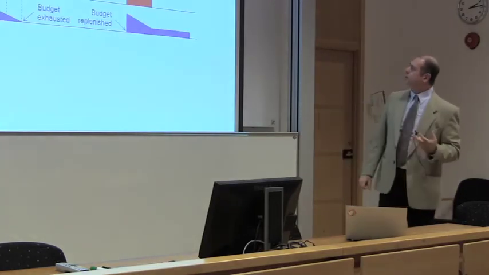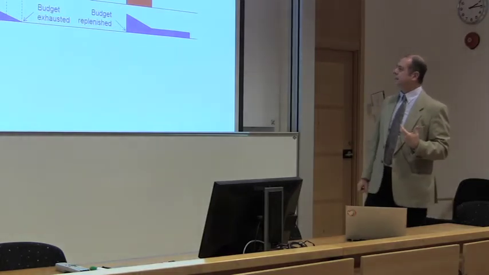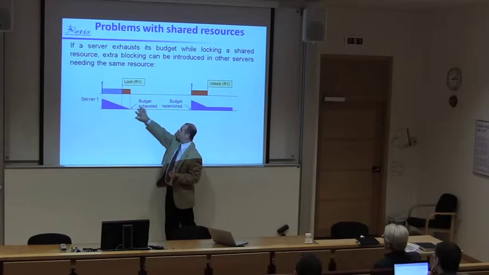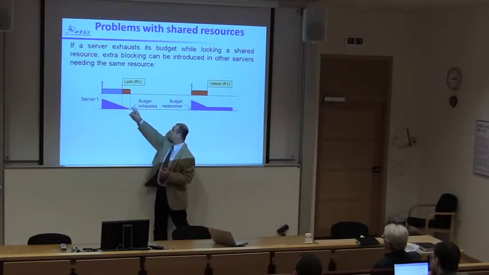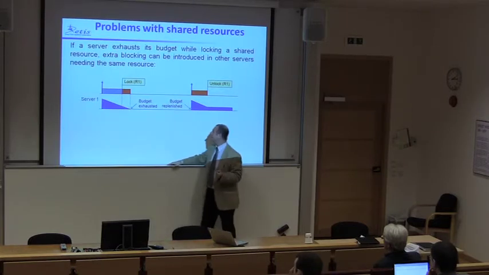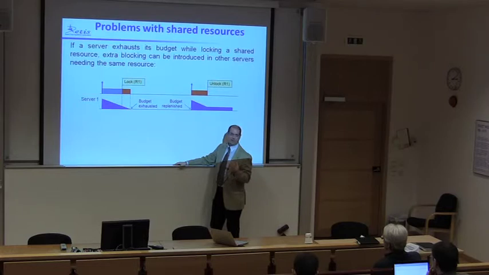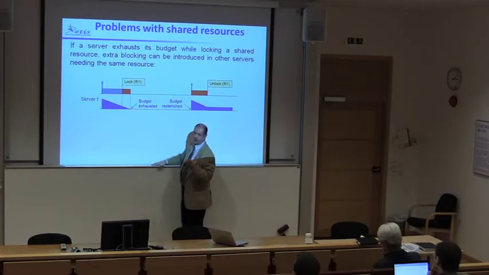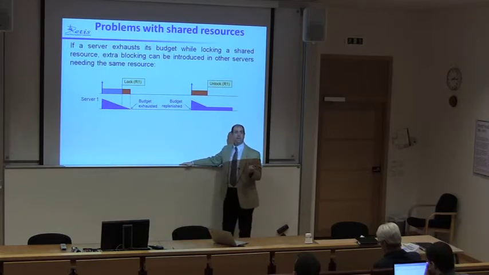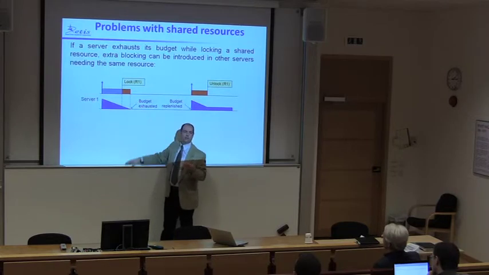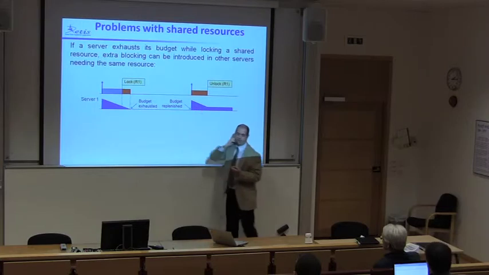The problem of resources is that, suppose a task executing in a reservation wants to use a shared resource, so it must use a semaphore to maintain data consistency. But suppose that the budget allocated to the reservation finishes. So basically this task cannot complete its critical section, and has to wait for the budget recharge.